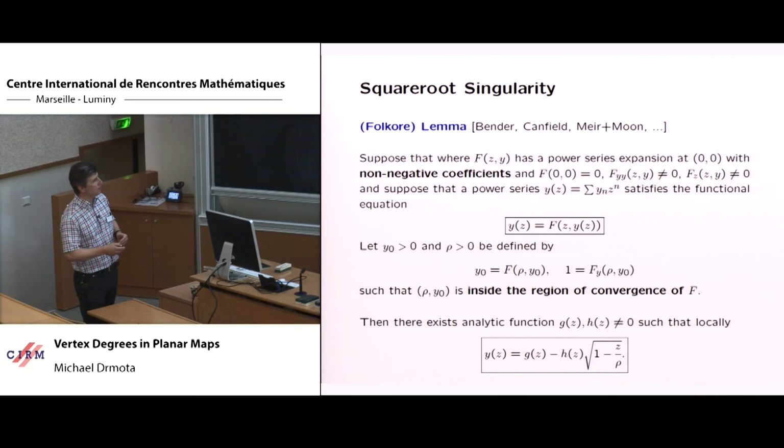The singularity also depends on the parameter. So the point is that you can solve this equation continuously in this parameter. If you can do this, then you are more or less done. That's the main point: continuity in the parameter.